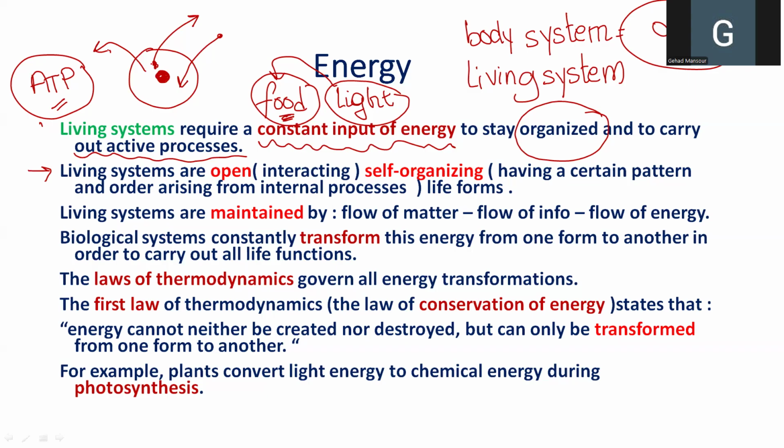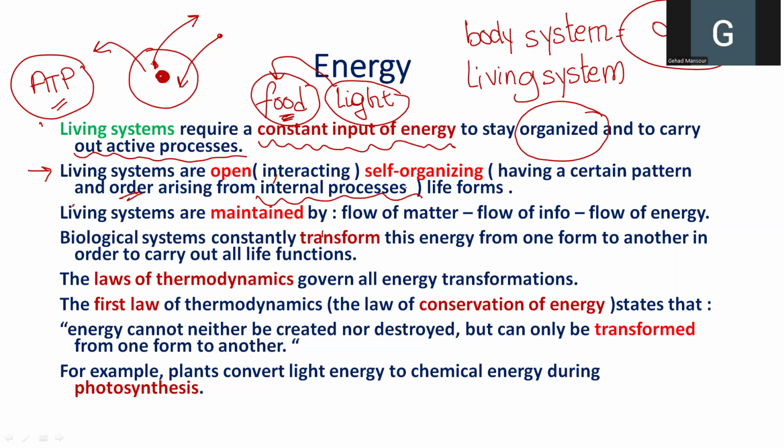So self-organizing means it has a certain pattern of structure and function. And when we say a certain pattern here, we mean structure and function, and a certain organization or order, but it is self-done, meaning that it arises from internal processes.